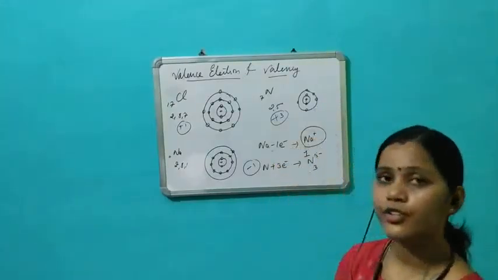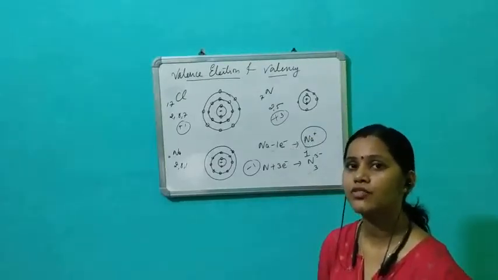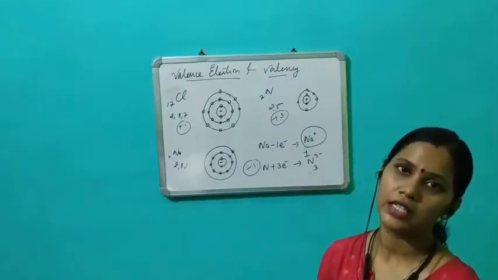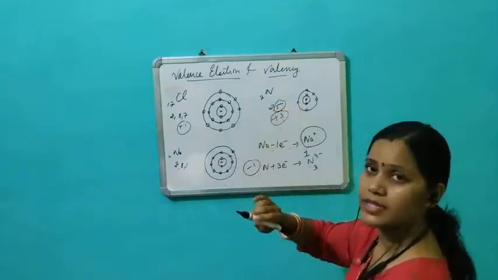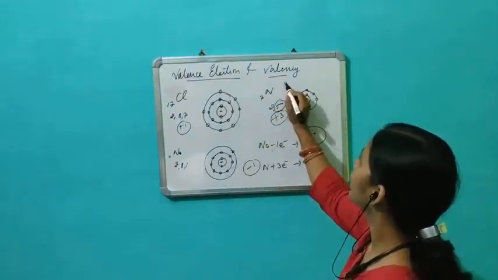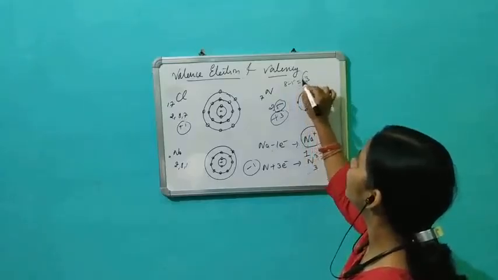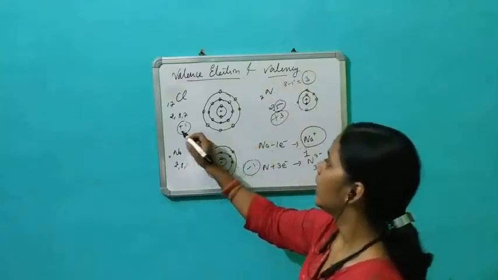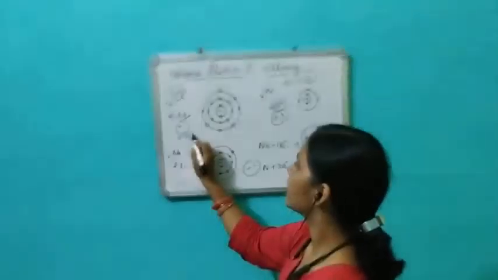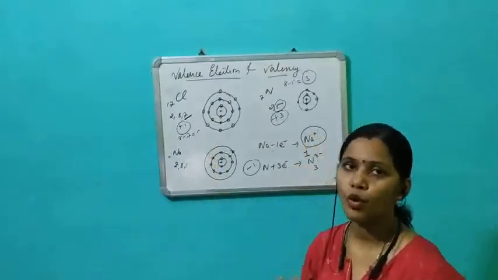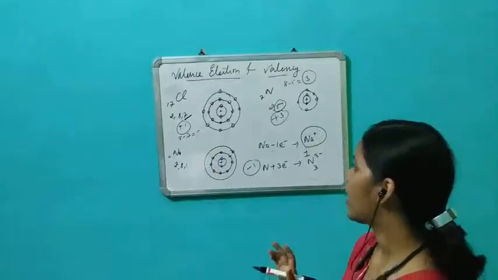If the number of electrons in the outermost shell exceeds 4, then we find the valency by subtracting it from 8. So here nitrogen has 5. So 8 minus 5 is equal to 3. For chlorine, it has 7 electrons in the outermost shell. So 8 minus 7 is 1.